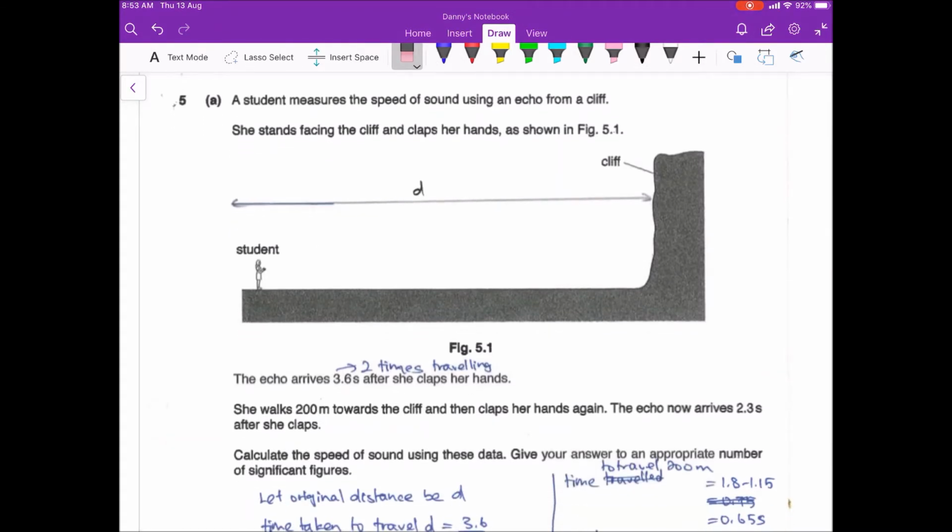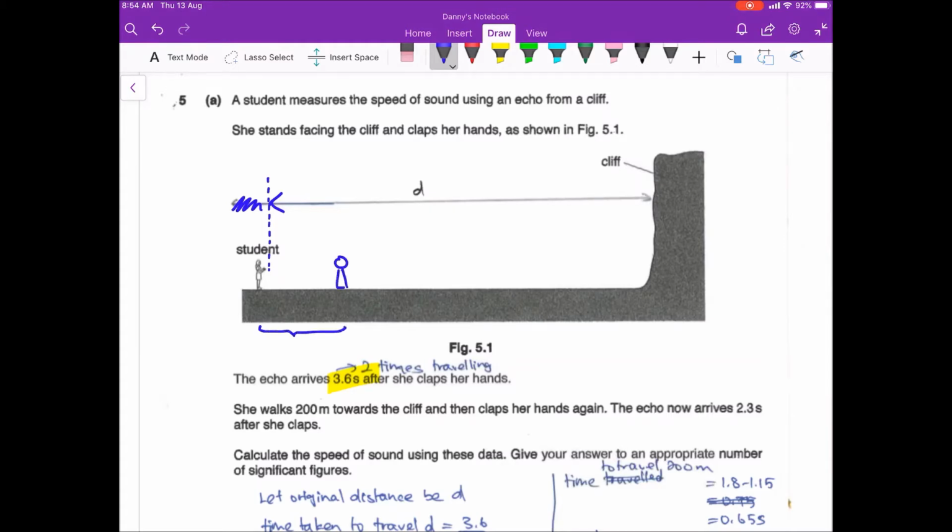So it says that as it stands at the position in figure 5.1, the echo actually takes 3.6 seconds to come back. Okay, and then after that, I think for this student, the way he drew the distance is not very good, so it should be from here. So I guess this is the distance for the 3.6 seconds, and then after that she walked to here.